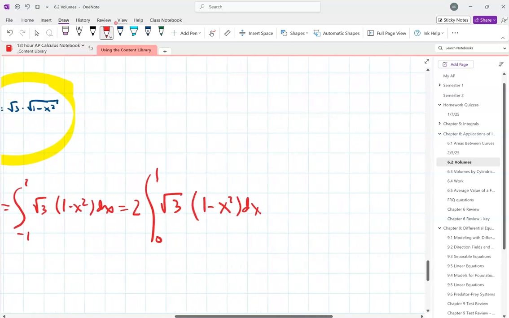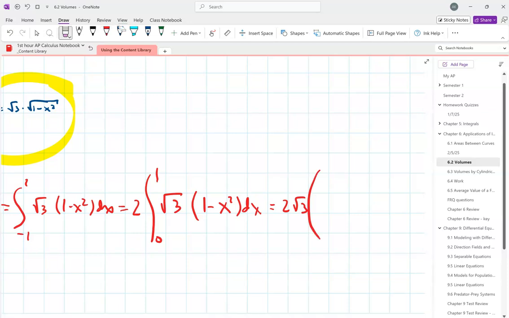All right, so let's do our antiderivative. So the 2 square root 3 is going to come out front. The antiderivative of 1 is just x, and the antiderivative of x squared is x cubed over 3, and we'll evaluate from 0 to 1.